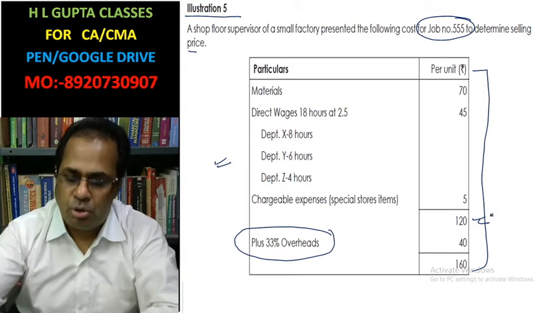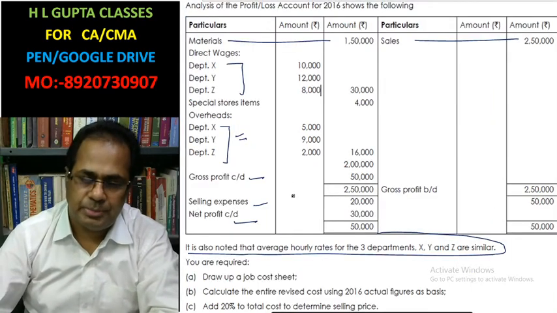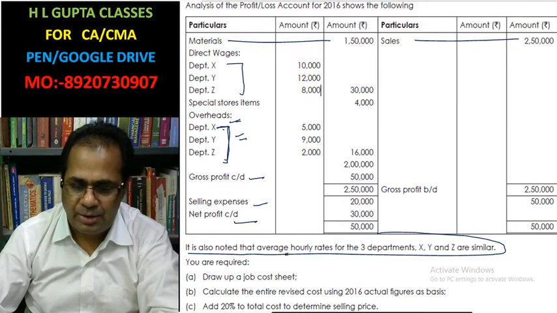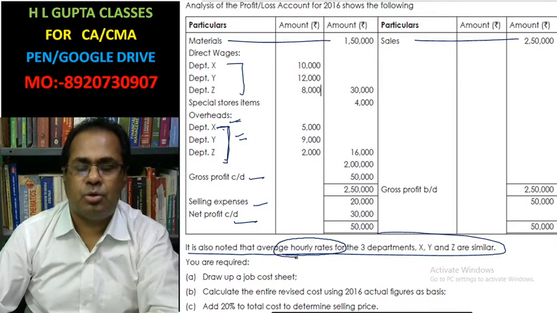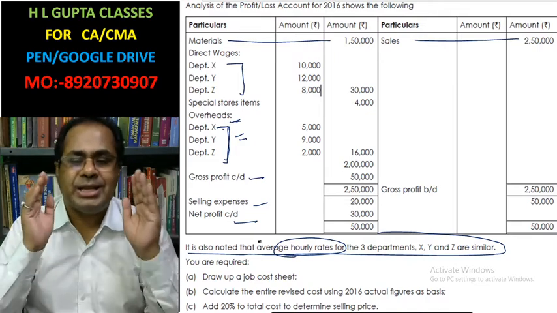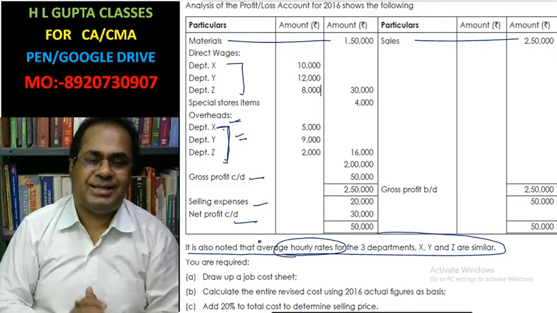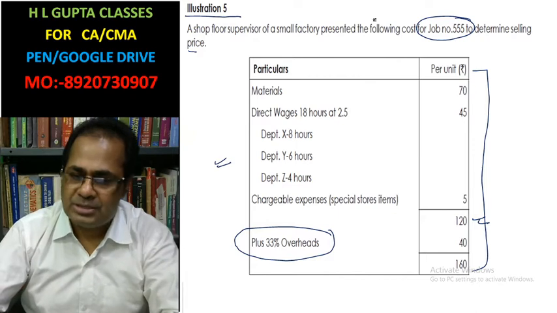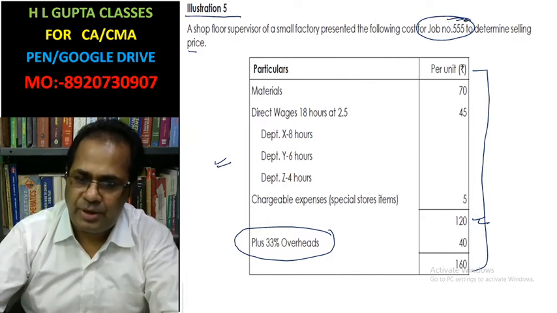Why? Because in the question, information is given that departmental overhead is calculated on the basis of hourly rates. So first we need to calculate the hourly rate, and then find the selling price of job 555.